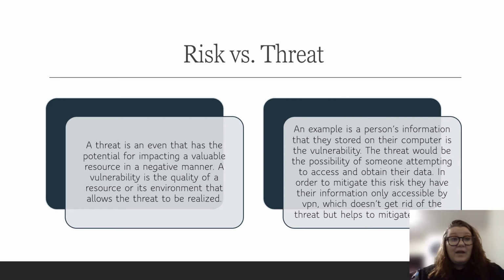So an example of this is a person's information that they stored on their computer is a vulnerability because someone could access that information. The threat would be the possibility of someone being able to access and obtain their information. In order to mitigate the risk, they have their information only accessible by a VPN, which does not get rid of the threat, but it does help to mitigate the risk.